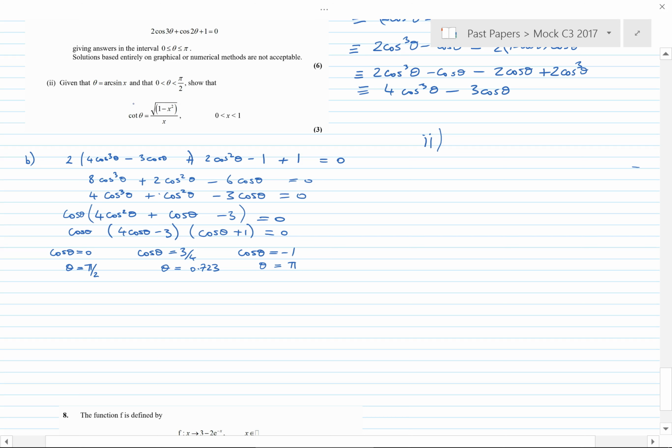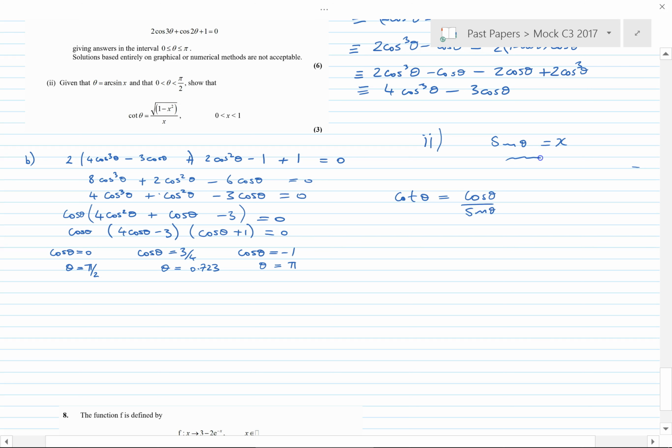There's also, we can actually construct a triangle for it, but we need to start off with this simple thing. Arcsine is the inverse of sine. So on doing that, we get sine theta equals x. Well, we can therefore say that cot theta, we need to know the formula for that, is equal to cos theta over sine theta.